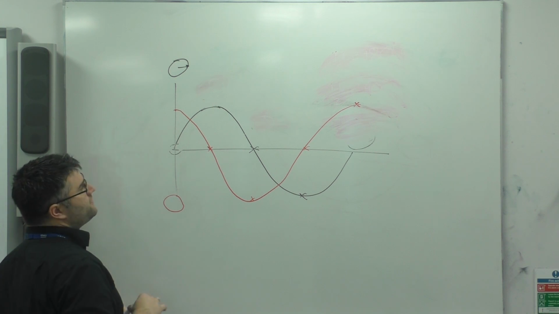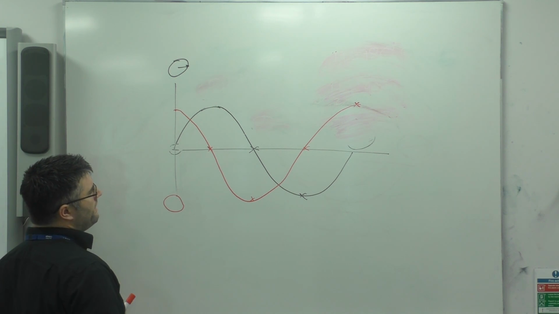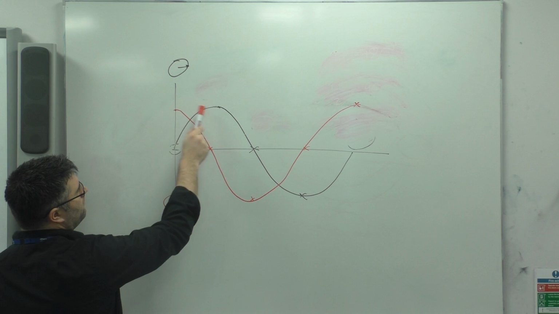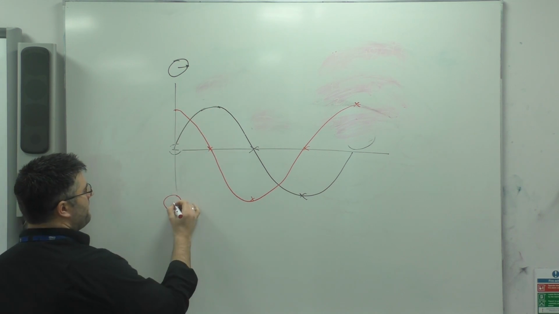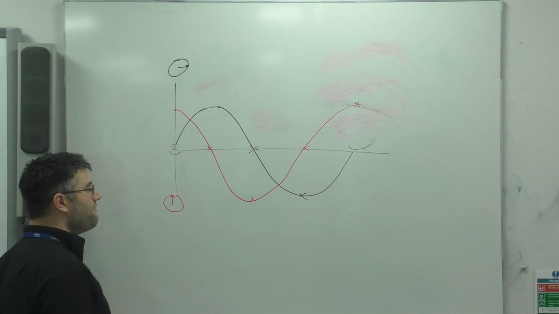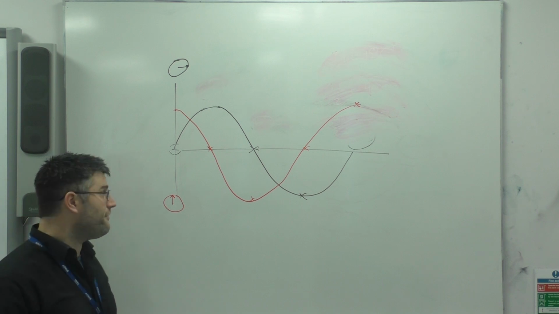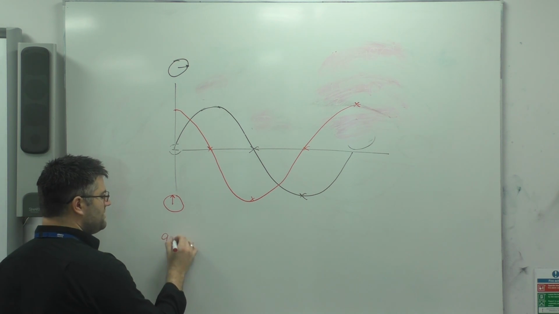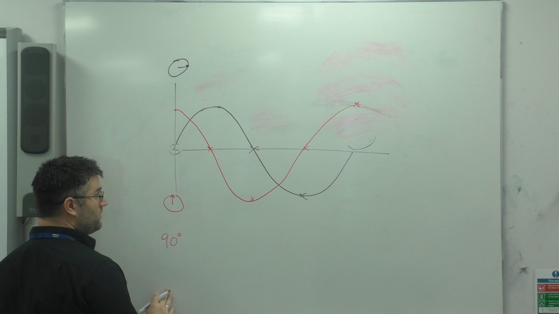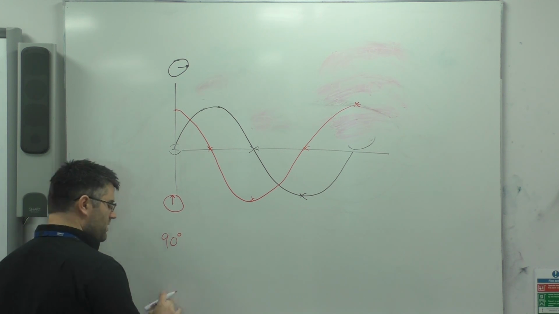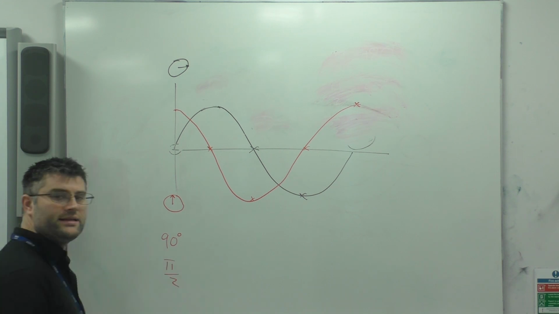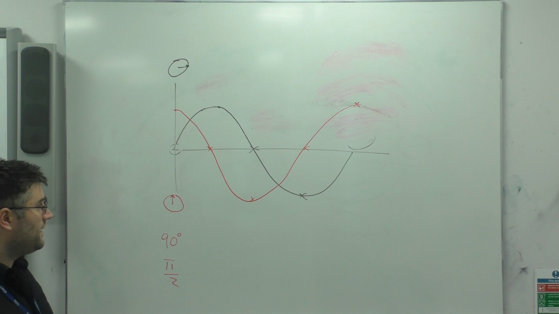So what's the phase for the red line? Well, the red line phase is 90 degrees at that same point. That means it's 90 degrees out of phase with the other line, out of phase with each other. It's also pi by 2. So we can write it as either of those two values.